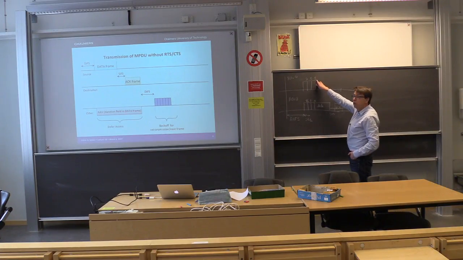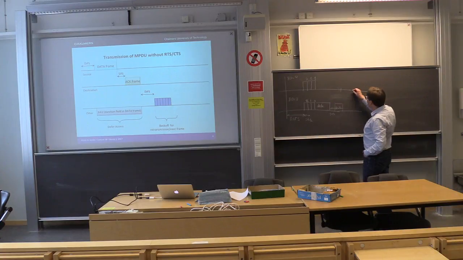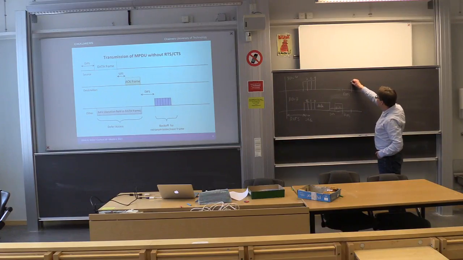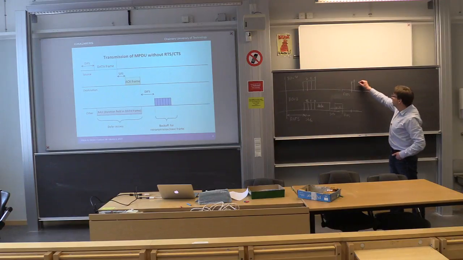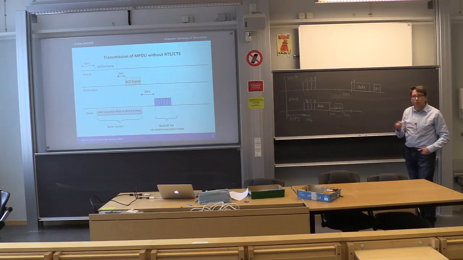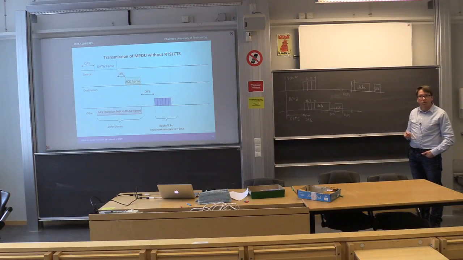It has back-off counter 1 at this point in time. It has to wait for a DIFS. And then it counts down once, going to 0. And here it can start to transmit its frame. And there will be an ACK coming back from whatever the destination of that frame is.